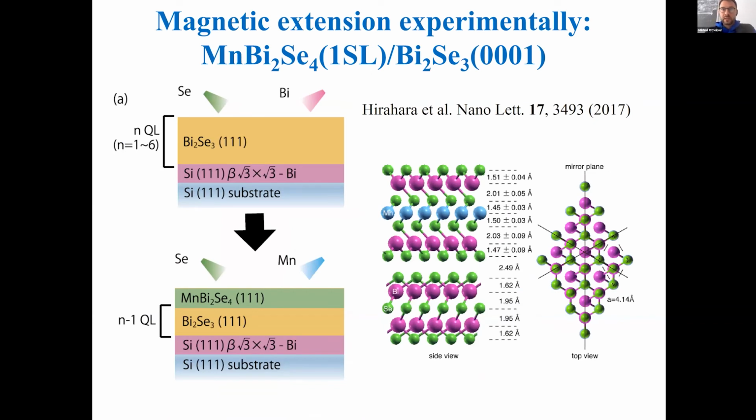Going back to 2017, once again, there was a nice epitaxial growth experiment that grew a heterostructure, sort of a magnetic extension. What they did is they first grew the bismuth selenide thin film epitaxially, using MBE, better said, and then they deposited a nominal bilayer of manganese and selenium on top of it.